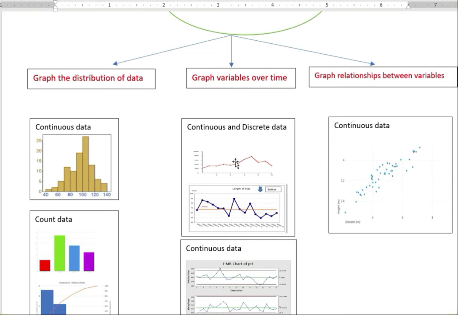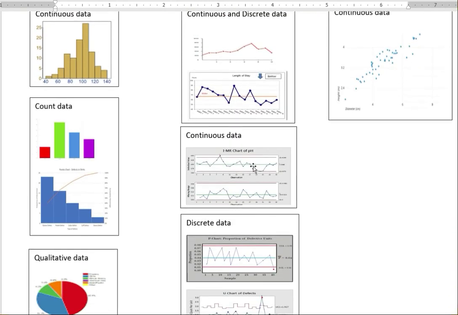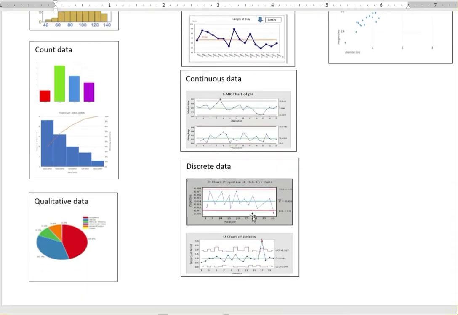So run chart is also for time series. But we cannot use run chart for all time series. It depends upon your purpose. What is your purpose? If you want to show only trend, go for line chart. If you want to check changes in the process, then we can use run chart, the second one. But the control chart, there are two different types of control chart.